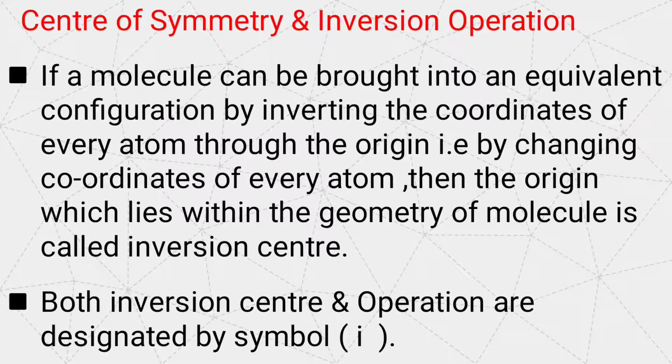Third type, center of symmetry and inversion operation. If a molecule can be brought into an equivalent configuration by inverting the coordinates of every atom through the origin, that is, by changing the coordinates of every atom, then the origin which lies within the geometry of the molecule is called the inversion center. Both inversion center and operation are designated by the symbol i.